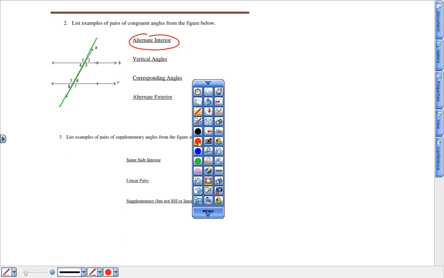Alternate interior are on either side. So angle 4 and angle 6 are alternate interior, or angle 3 and angle 5, on the other side of those interior angles.